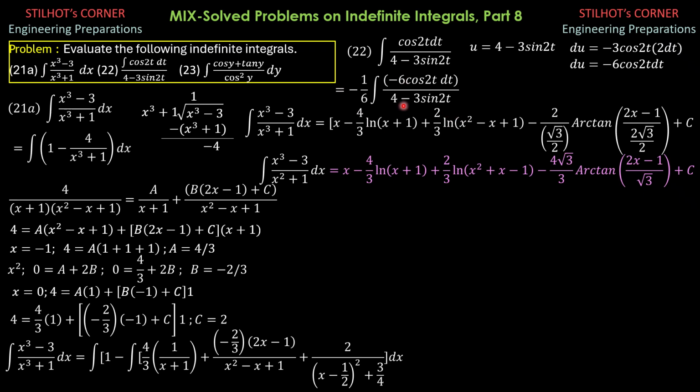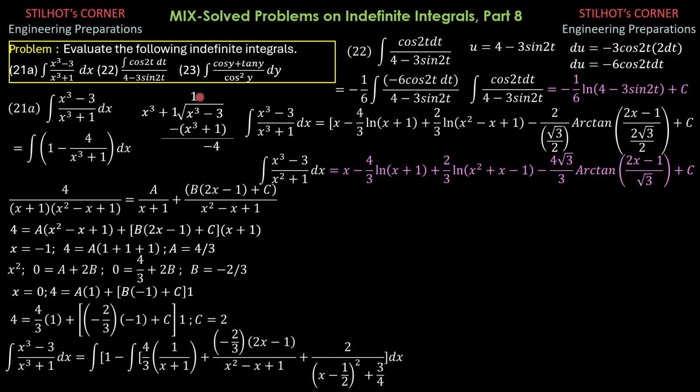So this is now in the form negative 1 over 6, u in the denominator, then the differential of u in the numerator. So negative 1 over 6 integral of du over u is negative 1 over 6 ln of u, and u is 4 minus 3 sine 2t. So therefore, the integral of cosine 2t over 4 minus 3 sine 2t is negative 1 over 6 ln of 4 minus 3 sine 2t plus c.